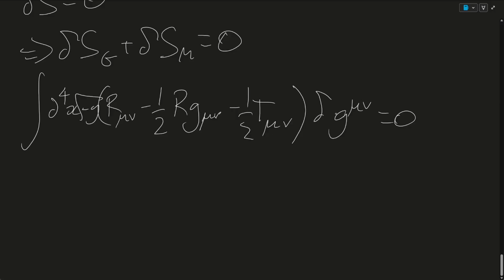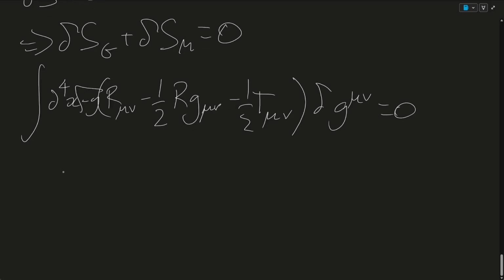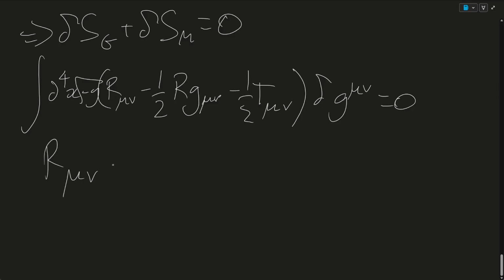This is arbitrary, and hence the term in the parentheses vanishes identically. Of course, if the integral is equal to 0, then the product inside is also equal to 0. And so we say that R_mu_nu minus half R g_mu_nu minus half T_mu_nu is equal to 0.